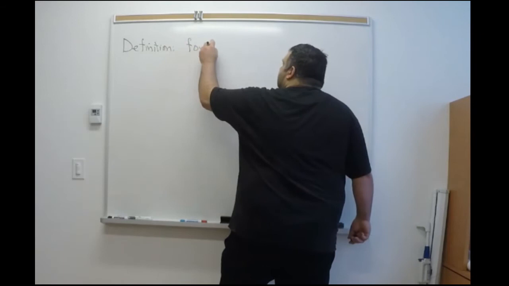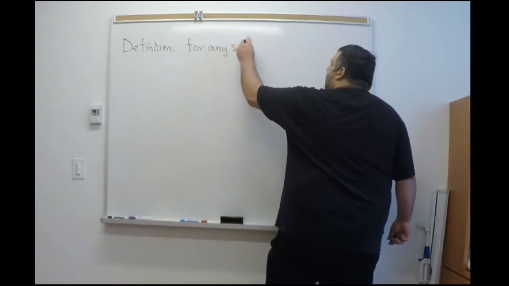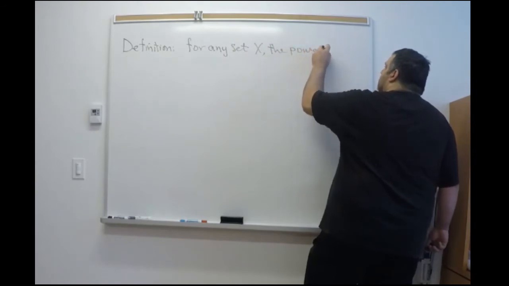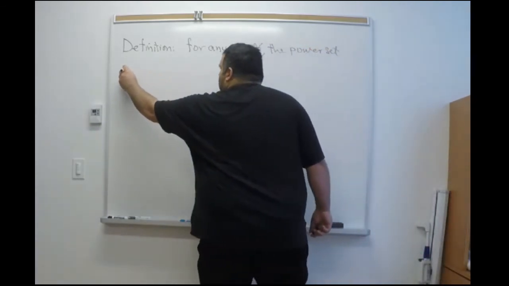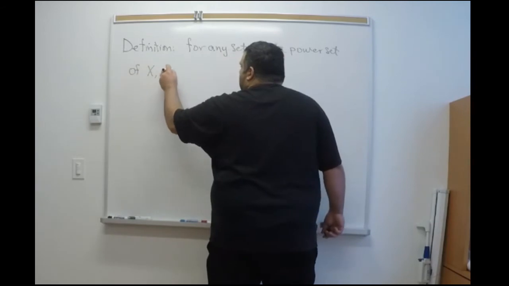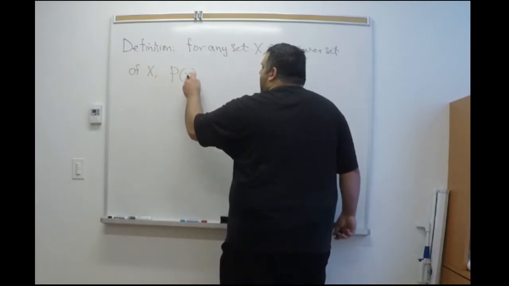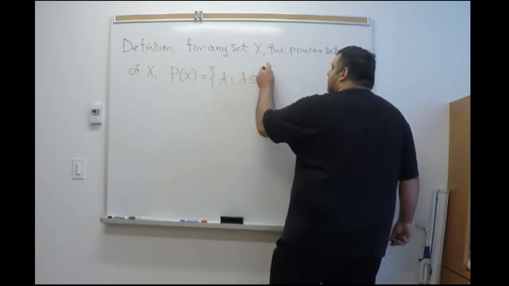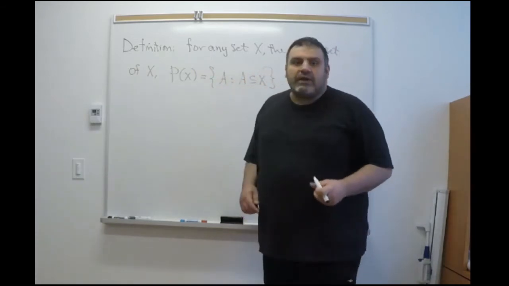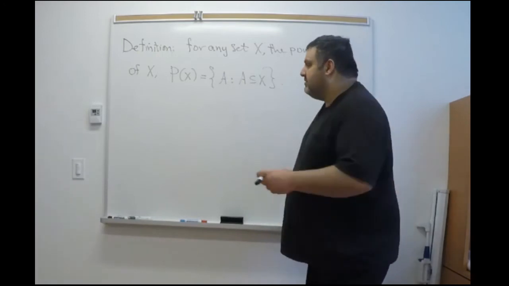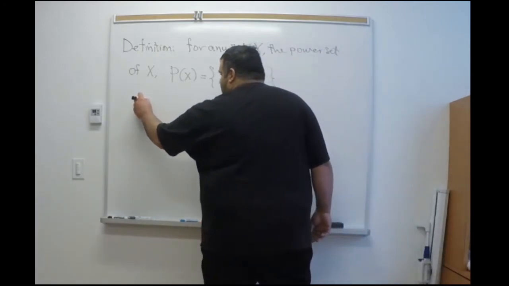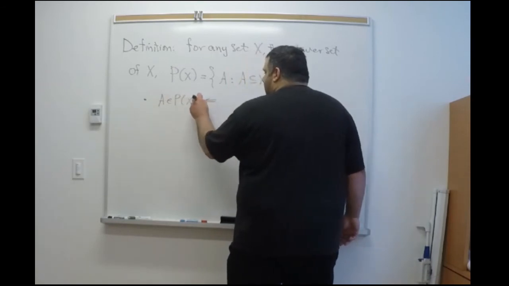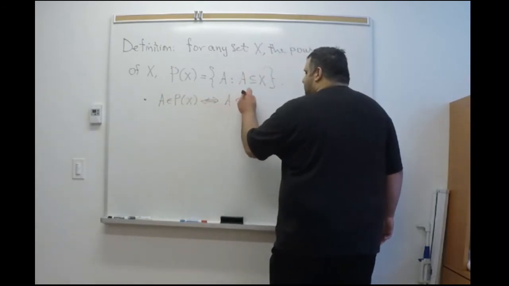For any set X, the power set of X, which is denoted by P of X, is the set of all subsets of X. In other words, what this means is that A is an element of the power set of X if and only if A is a subset of X.